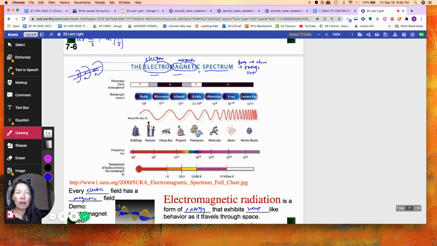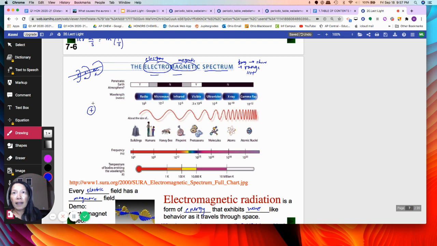Okay, so it's nothing complicated really. So let's go over here, radio waves. The radio waves are very long. It's not very energetic, it's not very frequent, it's very long.